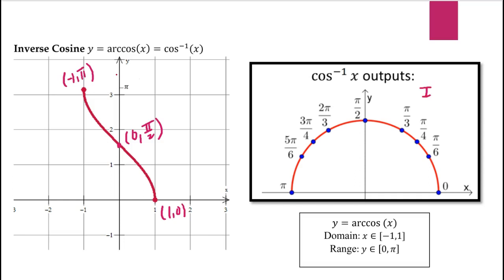So cosine inverse outputs are only in quadrants 1 and 2. To summarize some information about arccosine, the domain is negative 1 to 1, so it only exists from negative 1 to 1. And the range is from 0 to pi. So those y values, those outputs, are from 0 to pi on the unit circle in quadrants 1 and 2.